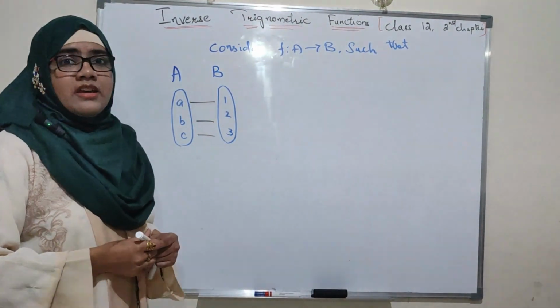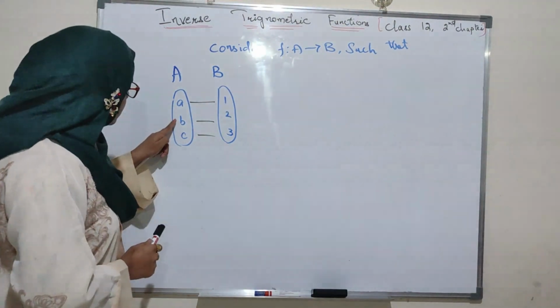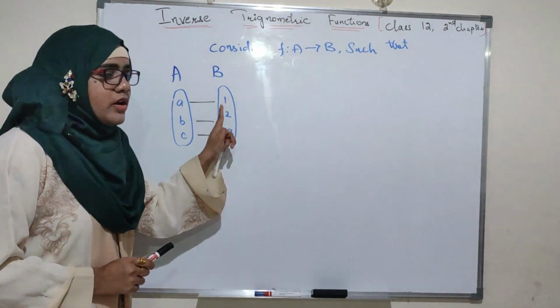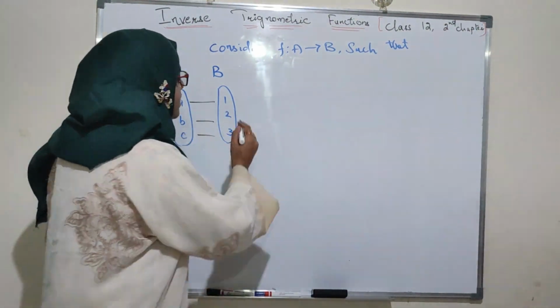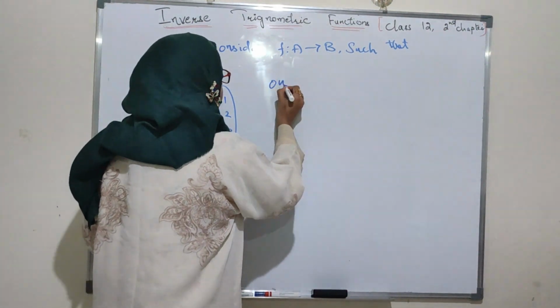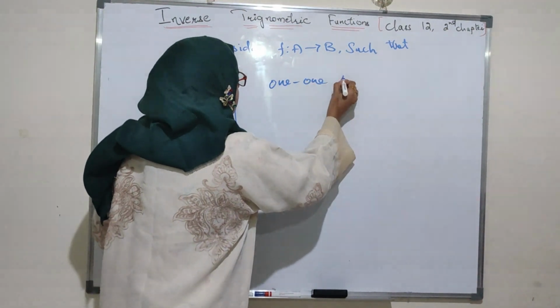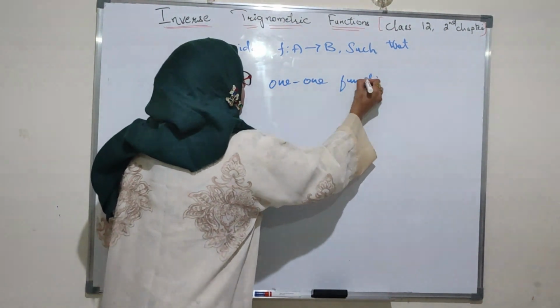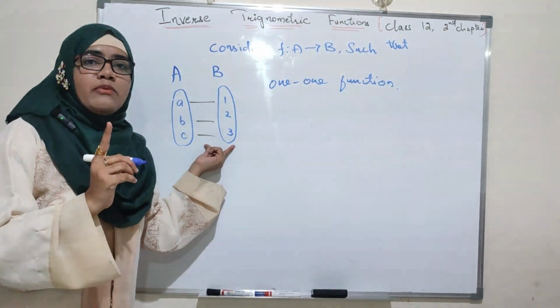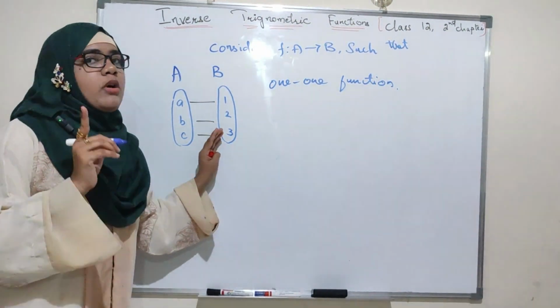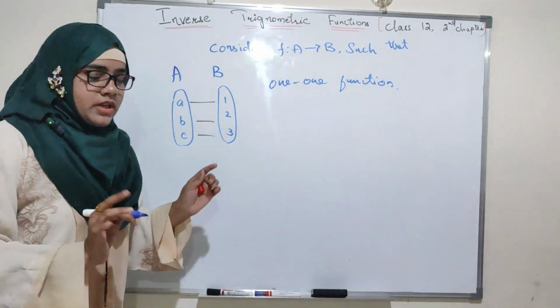Here you can see every element of set A has only one image in set B, so it is known as a one-one function. What is a one-one function? Every element of set A must have only one image in set B.